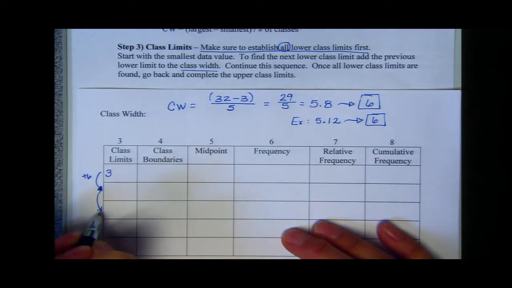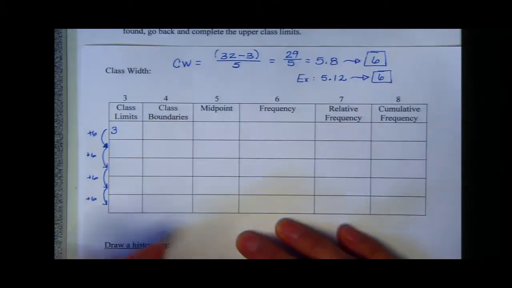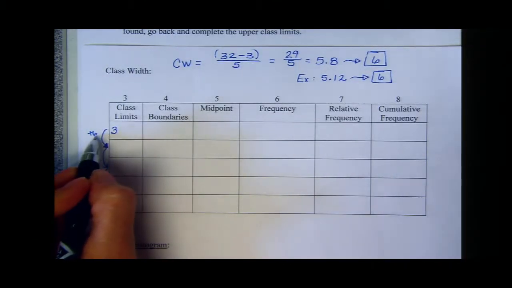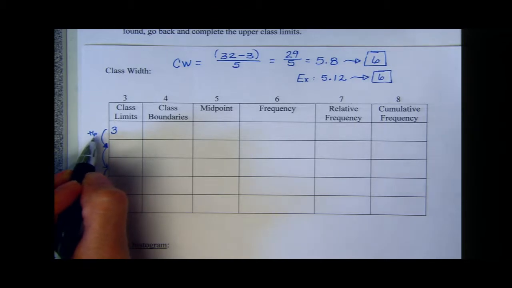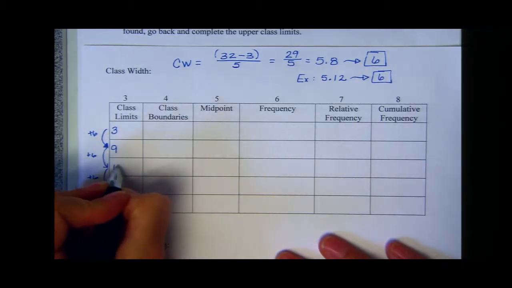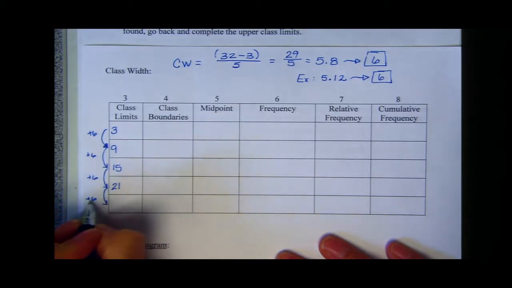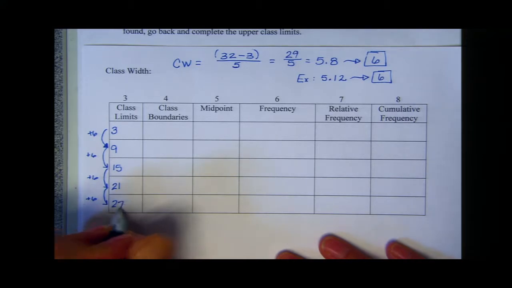So what we'll do is establish all our lower class limits, and we will add the class width, which in this example is 6. So I would do 3 plus 6, which would give me a lower class limit of 9, plus 6 would be 15, plus 6 is 21, and plus 6 is 27.